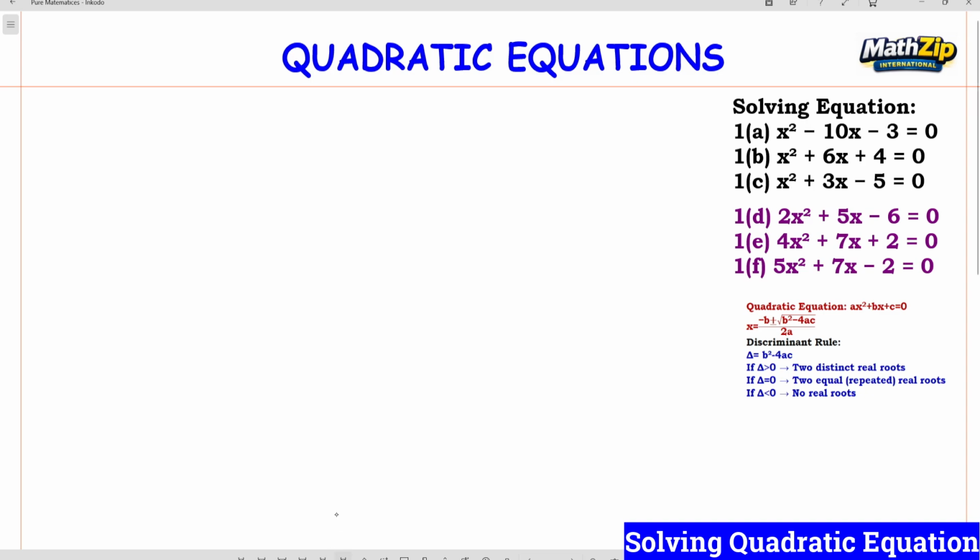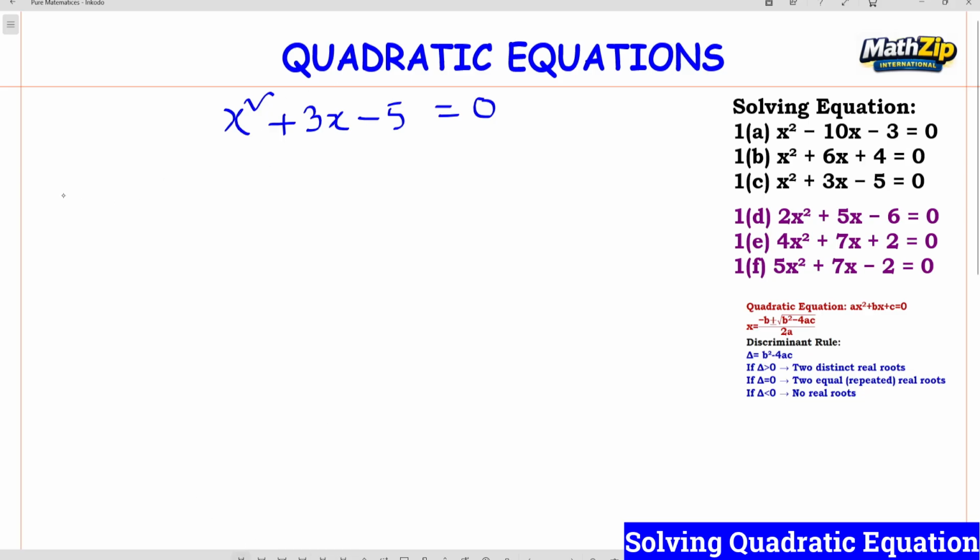x square plus 3x minus 5 equals 0. If we want to solve this equation, we cannot use the middle term factor. The best way to solve this kind of math is the quadratic equation general formula.